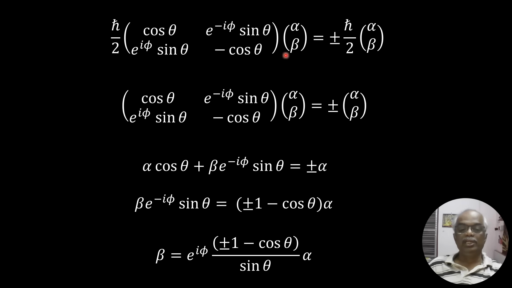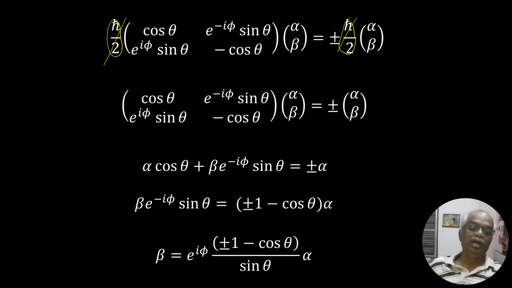Now we got this relation. You can see both on the right hand side and left hand side you have ħ/2, so you can cancel it, though of course there is plus or minus here. So the S_R matrix multiplied by the alpha, beta column matrix is equal to plus or minus the alpha, beta column matrix.